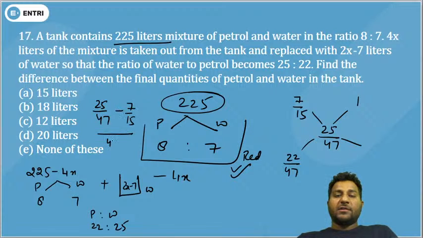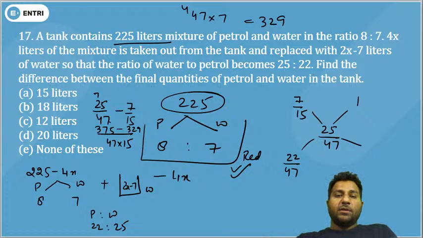So clearly their LCM would be what? 15 5s are 75, 15 2s are 30, and 375 minus 47 7s. 7 7s are 49, 7 4s are 28, and 4 32. Clearly 3 to 9. All right, 3 to 9.